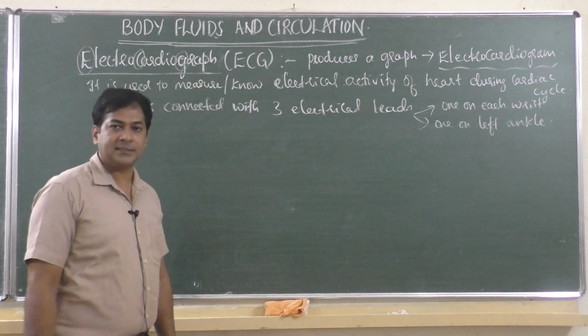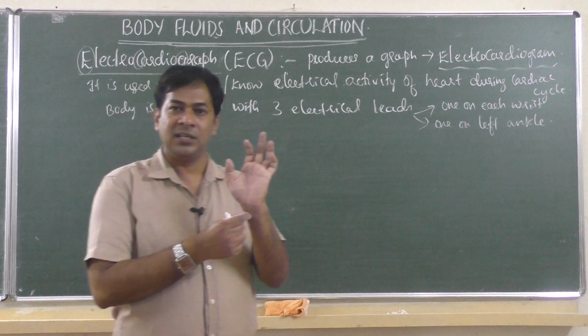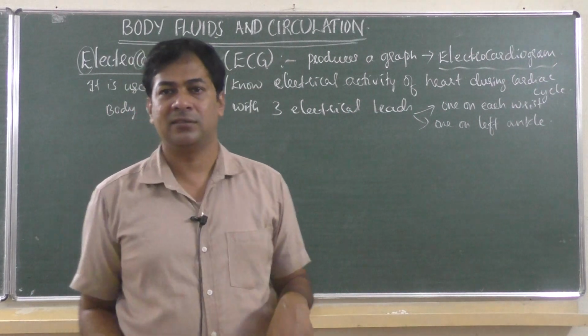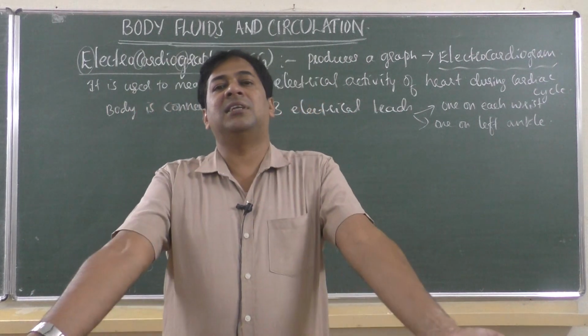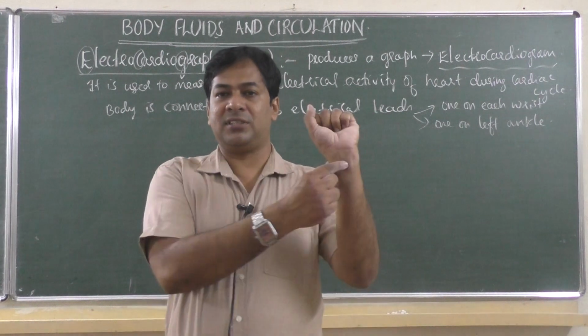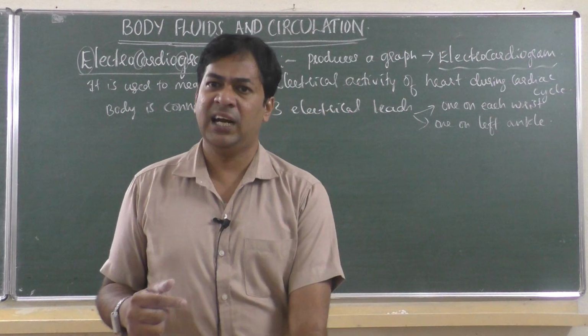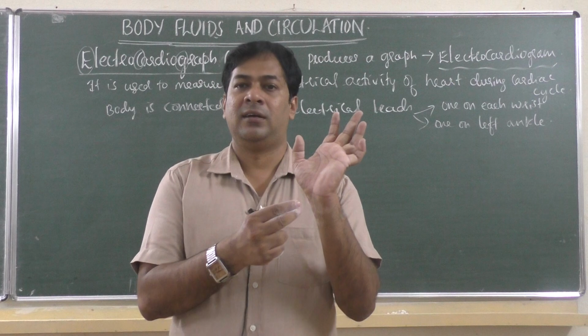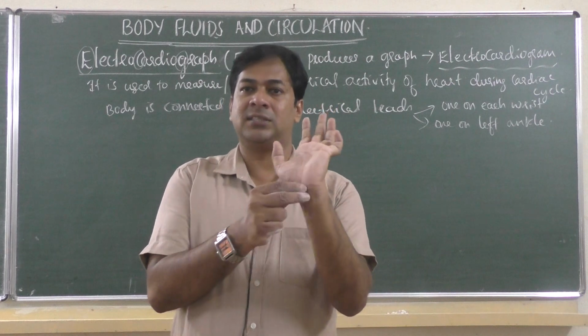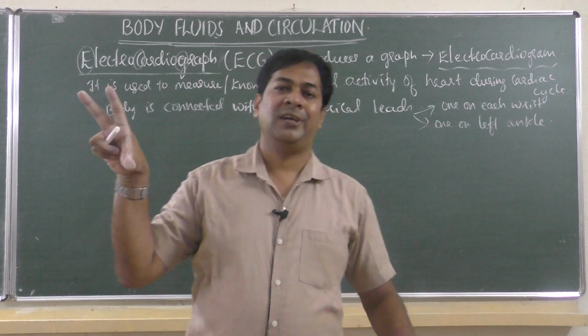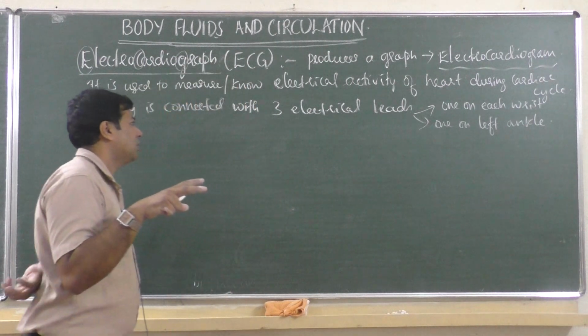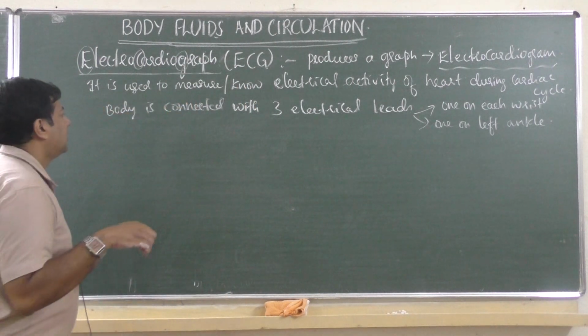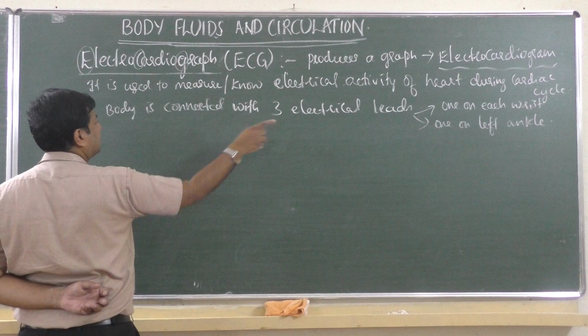So at 3 places the machine is connected with cables. You notice that a person is lying on the bed and his left wrist, right wrist and left ankle will be connected with wires, and with those 3 wires his body is connected to the ECG machine.